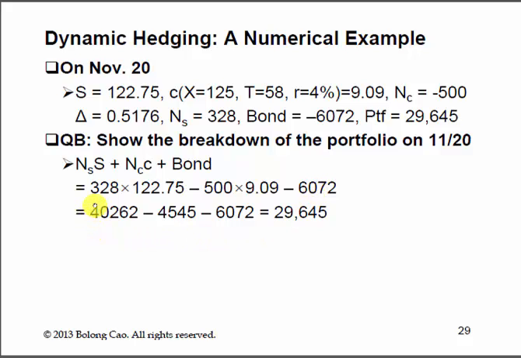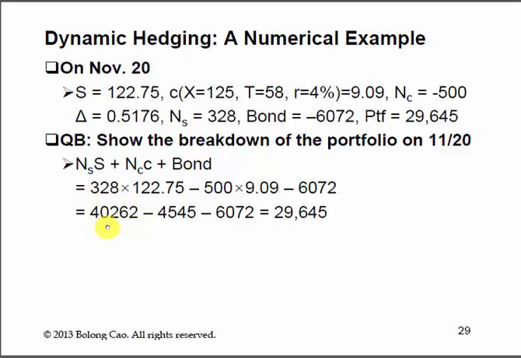So before we change our portfolio composition to reflect the new delta, we have total equity in this hedged portfolio of $29,645.